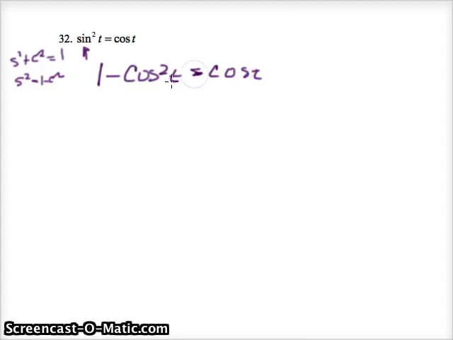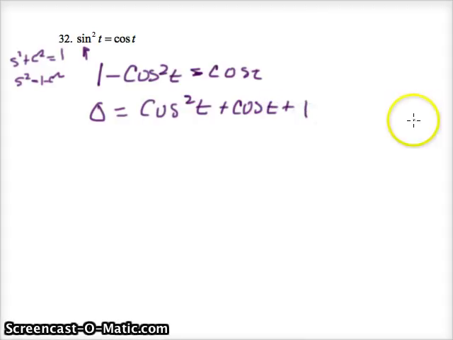Now, we could do this. How about we just move everybody to the right side? 0 is equal to cosine squared t plus cosine of t plus 1. Now, it would be really nice if that factored nicely, but it really didn't. Let's be mindful. It's a quadratic. Our a is 1, our b is 1, and our c is 1. Okay, so can we use the quadratic formula?